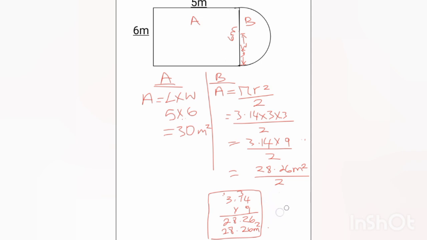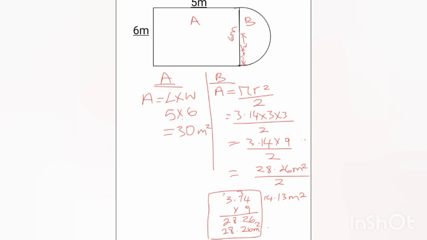Let's make some space here. 14.13 meters squared. That would be our answer for the semicircular portion, the area.